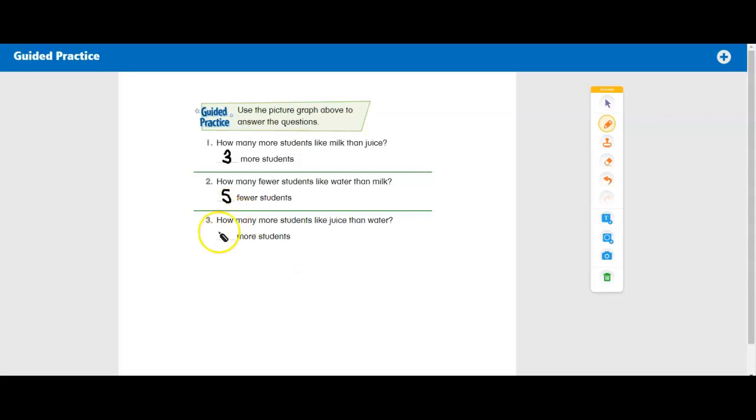That would be 2 more students. We can see on the picture graph that 1 student chose water and 3 students chose juice. So 2 more students said that they liked juice more than water.